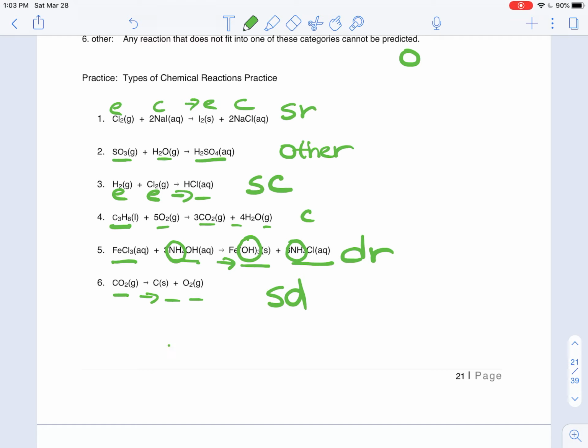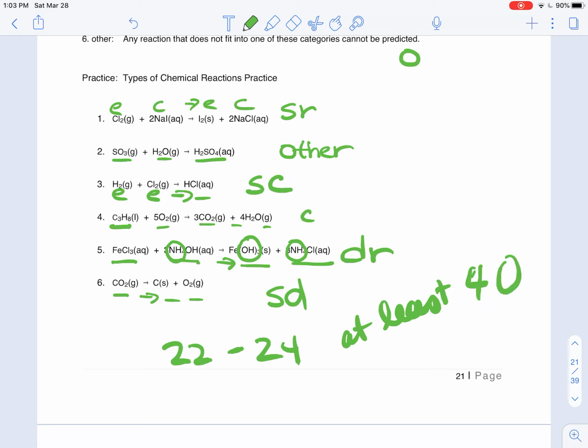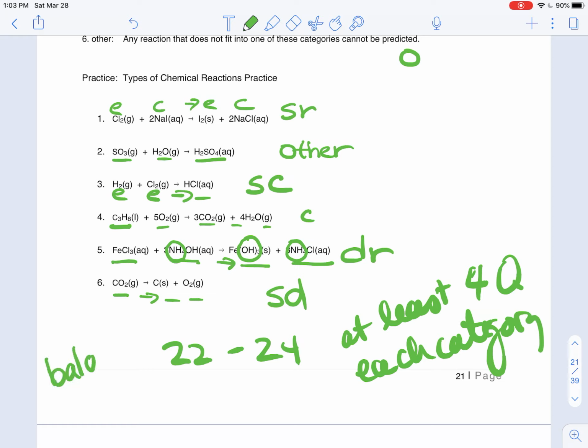So my assignment to you will be to go to page 22 to page 24 and try at least 4 questions from each category and practice both parts of the question, which is to balance the equation and to tell the type of equation, just as we did up here, telling the types of equations.